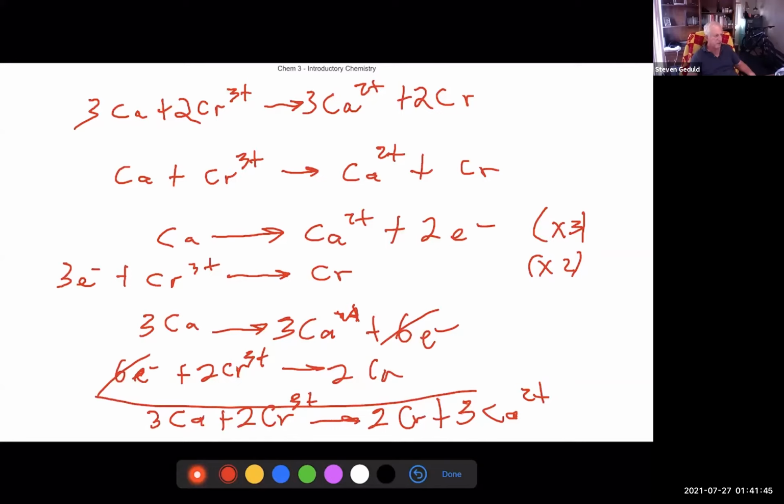No, that's not what I wanted to do. Okay, elemental barium reacts with, let's do one from the book. Barium reacts with a solution of cobalt 2 nitrite to produce barium chloride and elemental cobalt. Write your half reactions showing you can balance this.